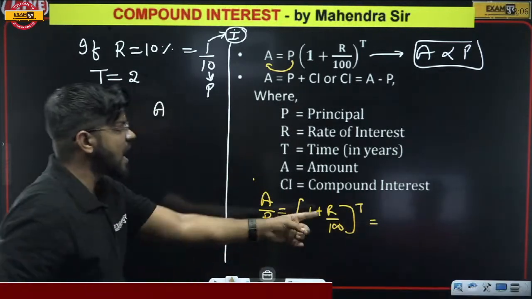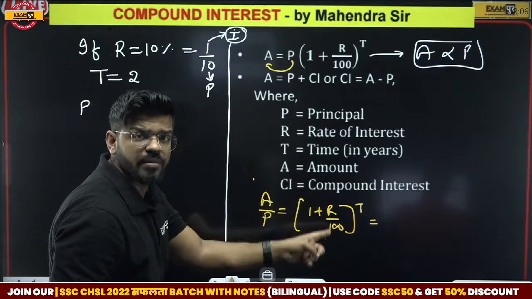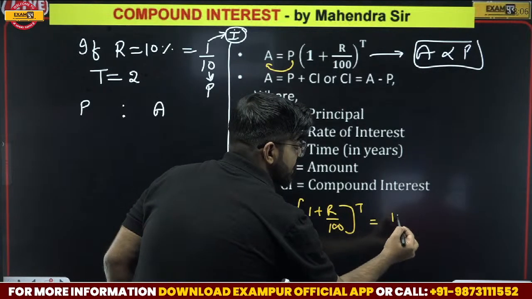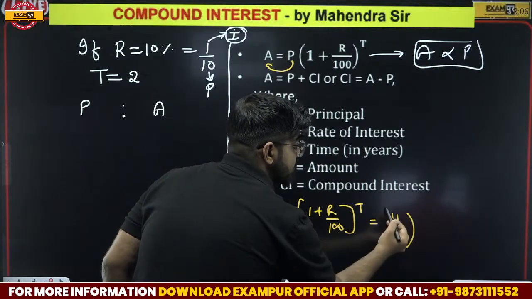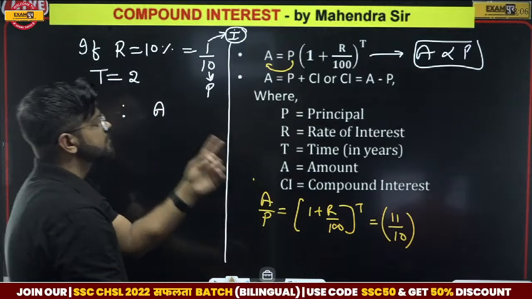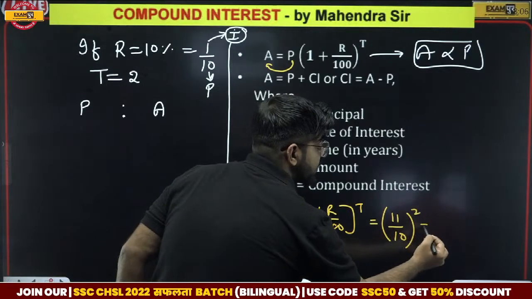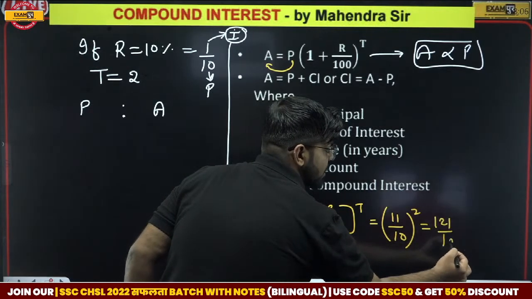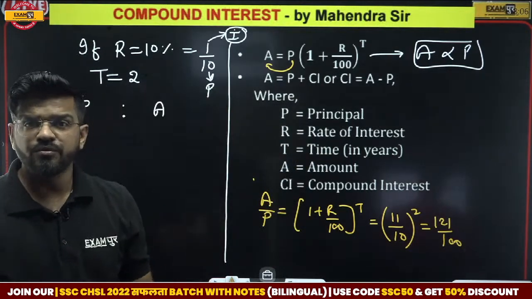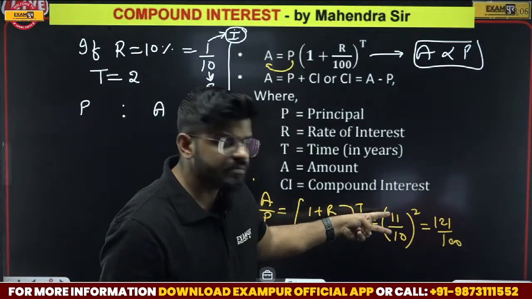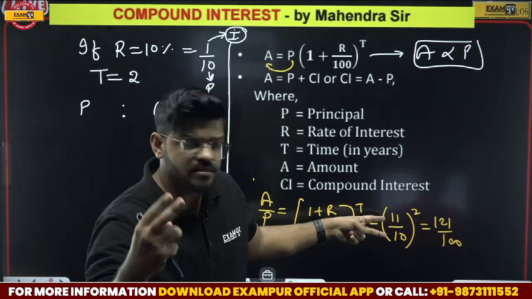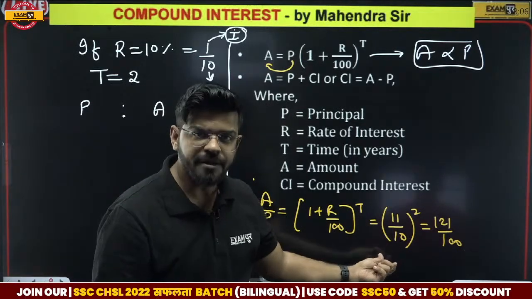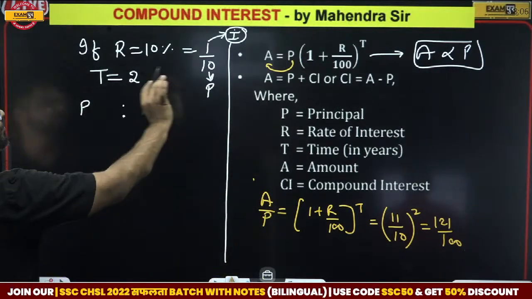If I put r as 10%, it becomes 1 by 10, and 1 plus 1 by 10 is 11 by 10. And now for 2 years, it becomes a square, which gives 121 upon 100. So for 1 year it is 11 by 10, for 2 years the whole square, for 3 years the whole cube. This is only what is going to happen here.